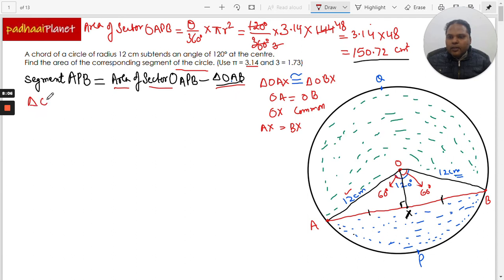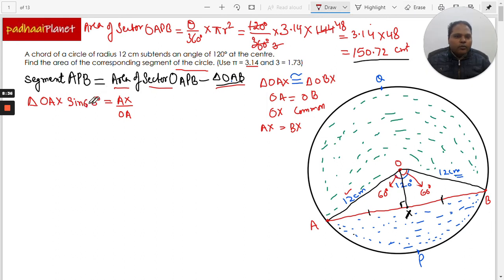So that's triangle OAX, and in this we know that sine 30 degree is equal to AX, which is the opposite, divided by the hypotenuse, and that's going to be OA. Oh sorry, this is sine 60 degree.